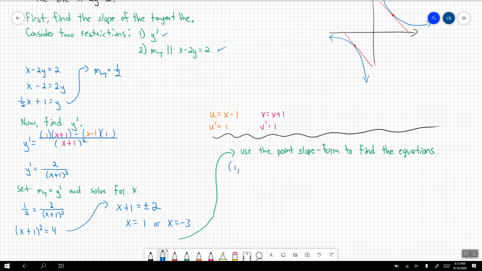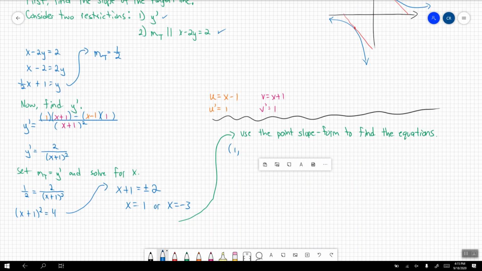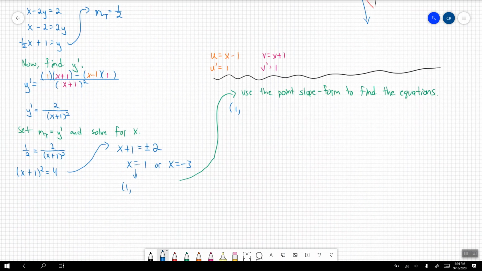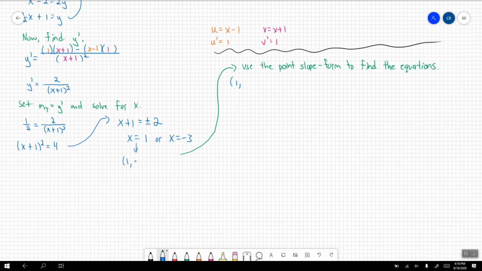Well, if x is 1, your y output using the function that we were given, y is equal to x minus 1 divided by x plus 1, plug in 1. Well, if we plug in 1, then we naturally get 0. Okay, not looking too bad.